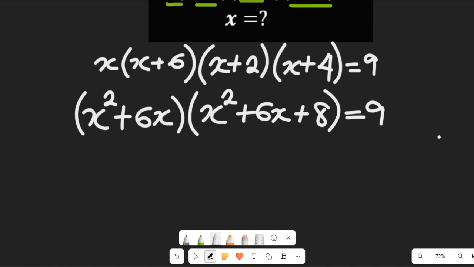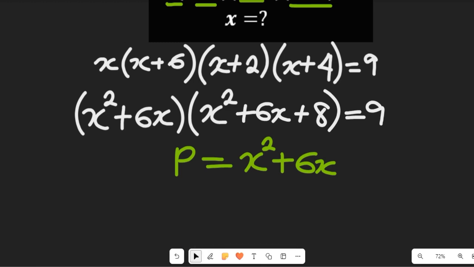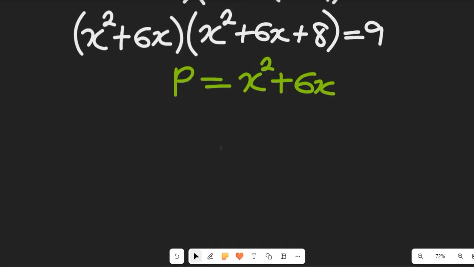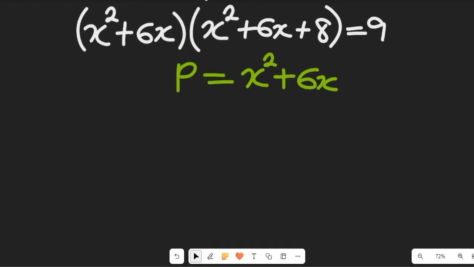So in the next step, I'm going to assume p to be equal to x squared plus 6x, which is the first expression I got from the multiplication of x multiplied by x plus 6. Wherever I see x squared plus 6x, I'm going to replace it with p.